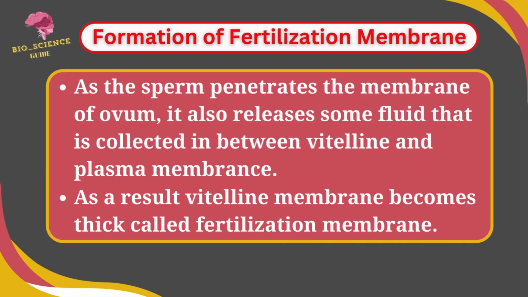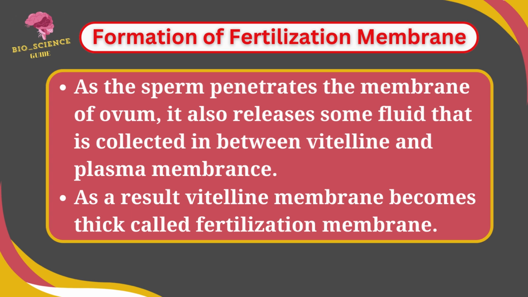The second phase of fertilization is the formation of fertilization membrane. Sperm enter into the ovum through the wall and release the tail region outside, and the head and middle piece reach inside the ovum.